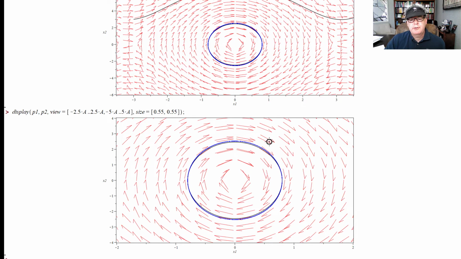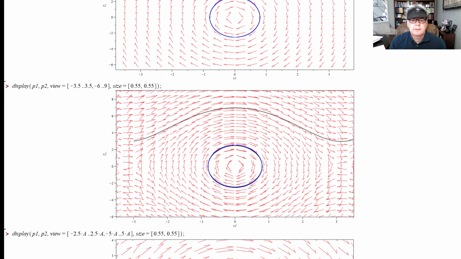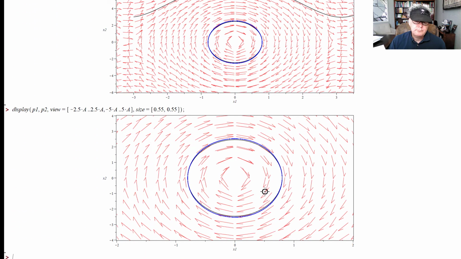So notice the blue is a little beyond, and if we were to compare the periods, the period of the pendulum would be more because it has slower speed. The small angle approximation reaches bigger speeds, so it's going to have a smaller period.